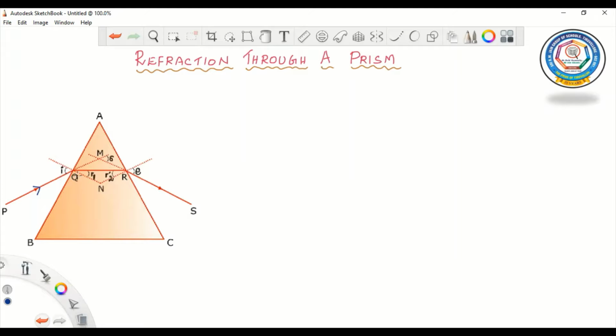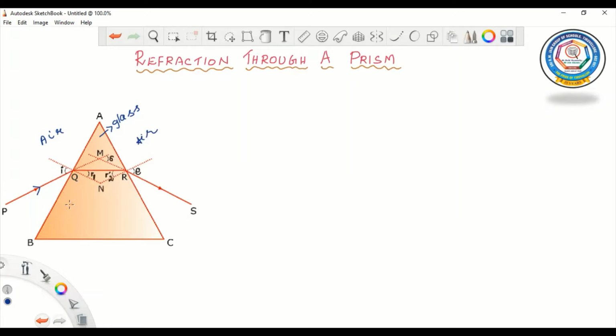As a ray of light enters the glass medium, that is the denser medium, this is the air medium, this will be the glass medium, and again this is the air medium.